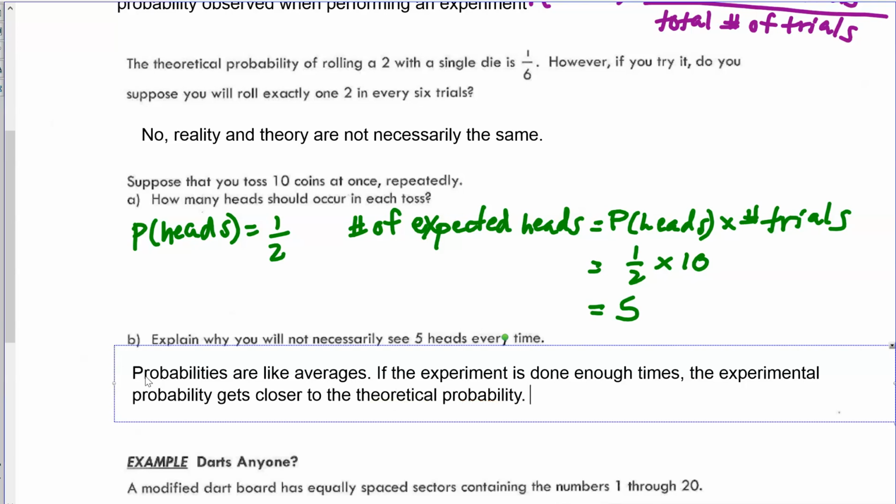The more times you do it, the closer it'll get to what it actually should be, or the average that you are expecting. So we might not necessarily see 5 heads every time, but the more times we do the trial, it should get closer and closer to 5. Okay, it's like an average.